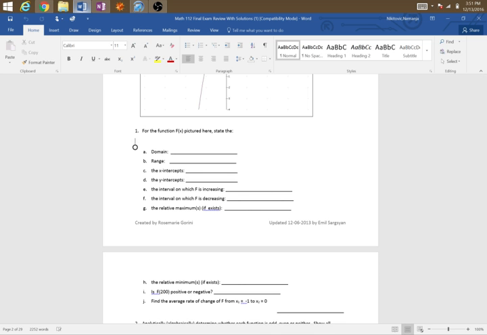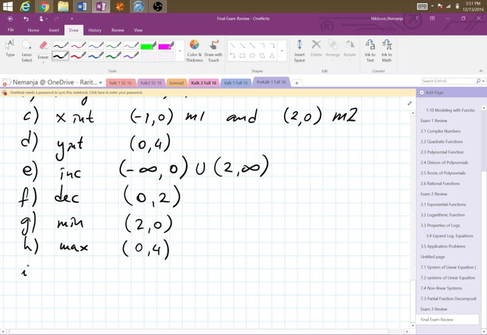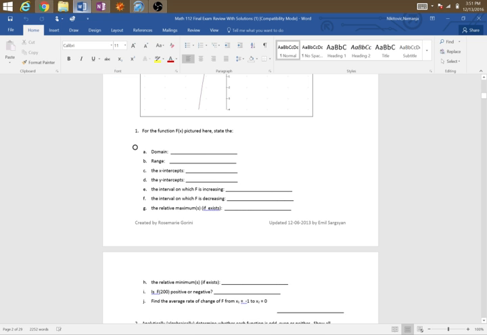Is f of 200 positive or negative? Answer is positive. Very good. And finally, they're asking us to find what? Find the average rate of change from -1 to 0.